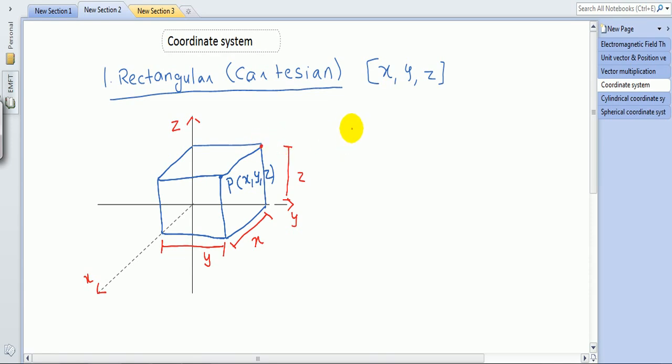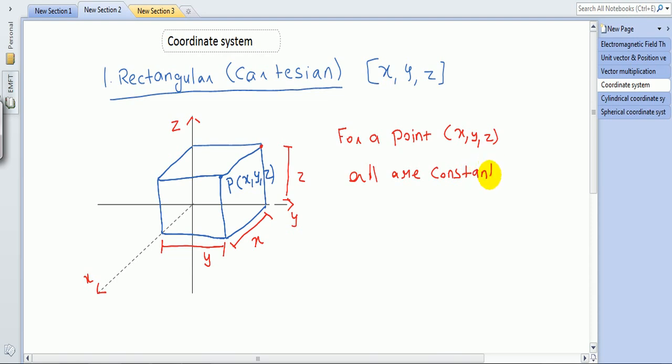That is, we can say that for a point, if we want to locate a point, the values of x, y and z, that is all the three parameters in a coordinate system, are constants.